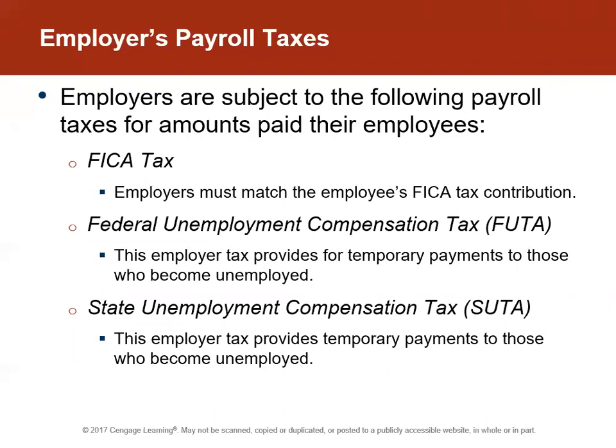The federal unemployment program is really to regulate and set rules and laws and oversee the state. So we're going to see more contributions going into state unemployment than into federal. The employer pays these taxes, these withholdings.